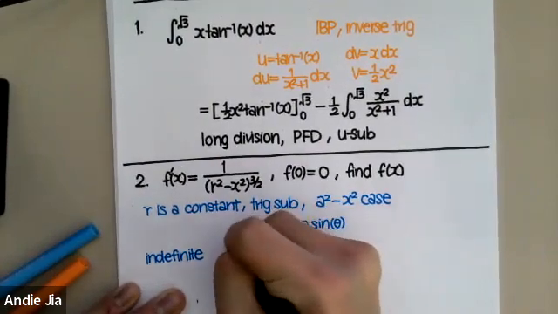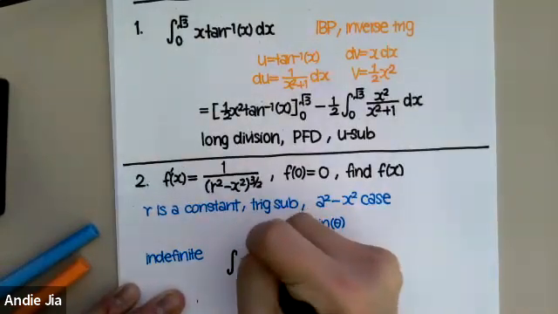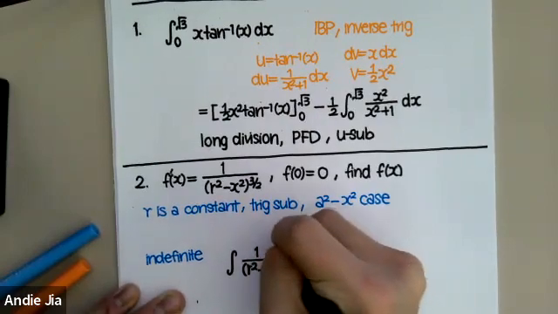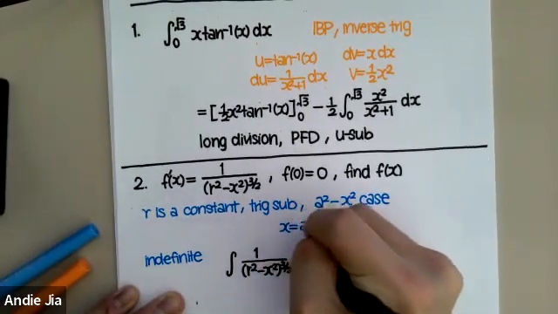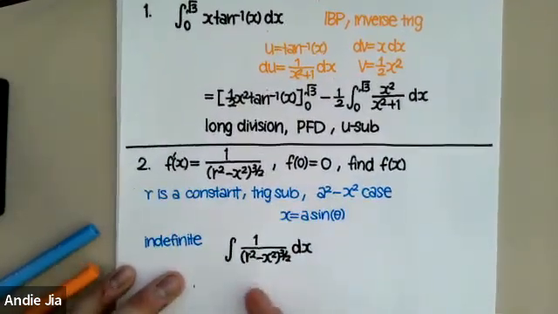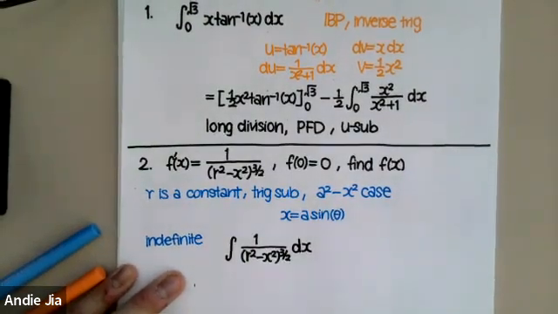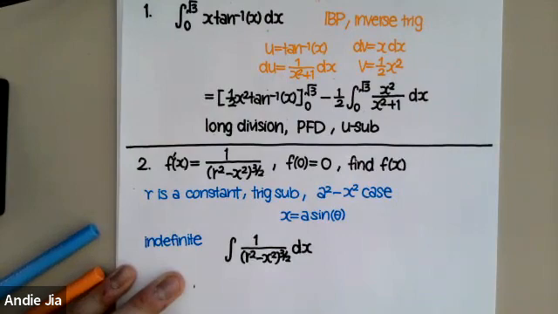1 over r squared minus x squared to the 3 over 2 dx. This is what we need to do. And then we just sub in r sine of theta, then just do normal trig sub stuff.